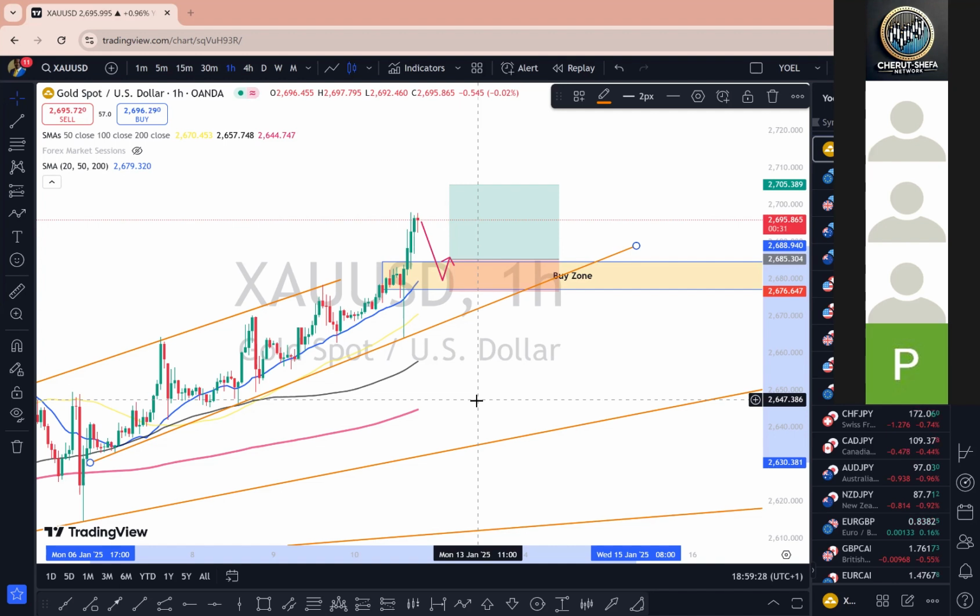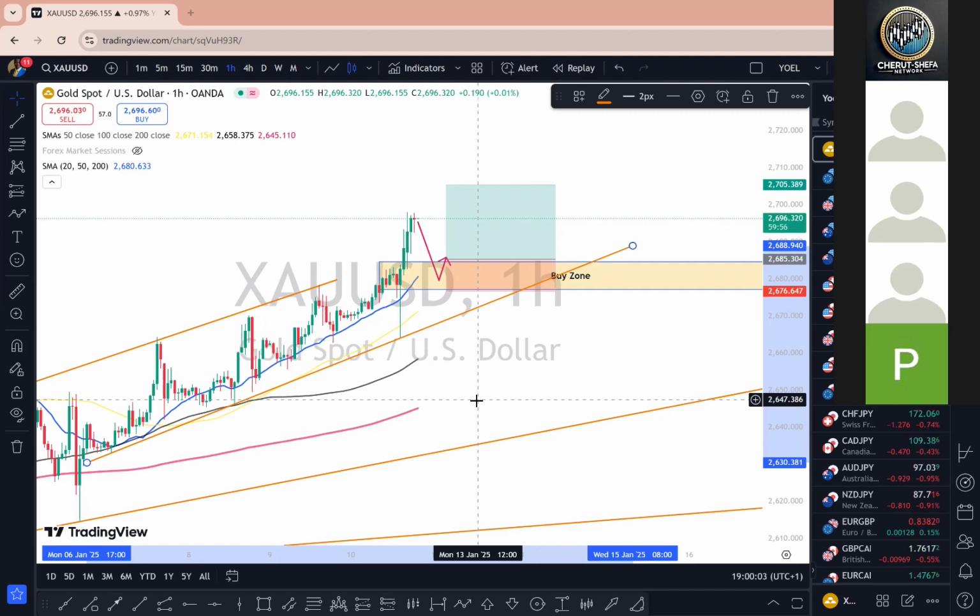Price starts crashing down and crosses the 20, crosses the 50, crosses the 100. Something happens when it gets to the 200. Even if it's going to cross the 200, most of the time it will bounce from the 200 and rest for a while, and then use the 200 as the major and big support for a comeback.